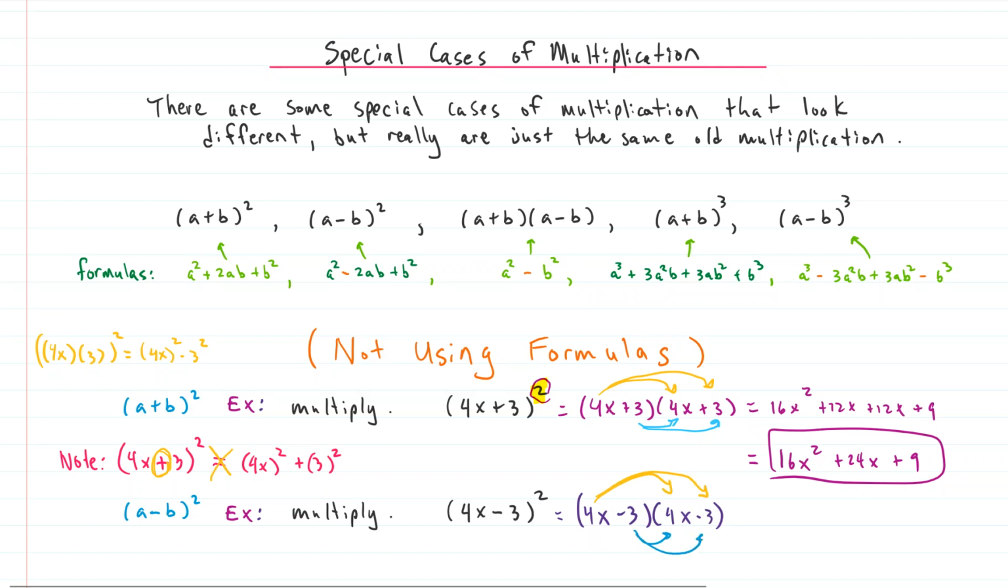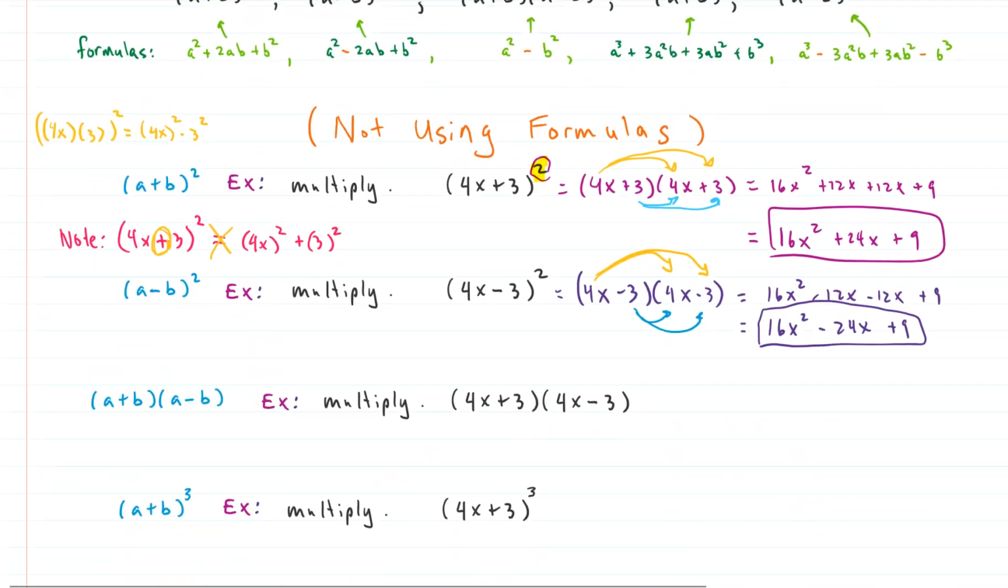And what we get then is 16x squared minus 12x minus 12x and positive 9. Negative 3 times negative 3 gives us positive 9. So then we can simplify: negative 12x and negative 12x give us negative 24x. So we have our answer there. Very similar, but the middle term has changed sign.